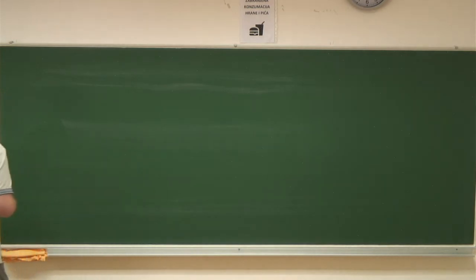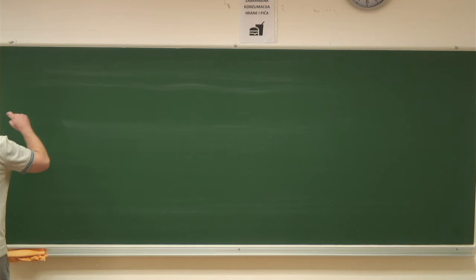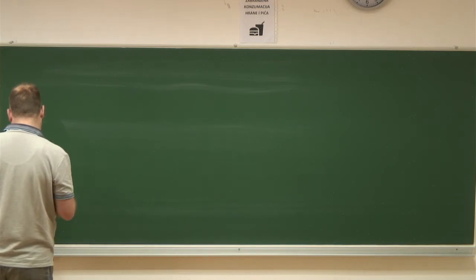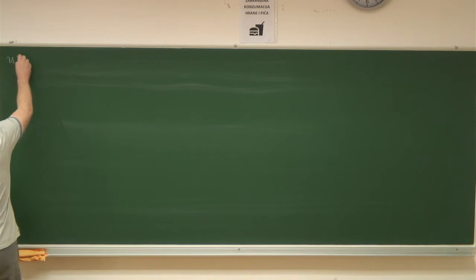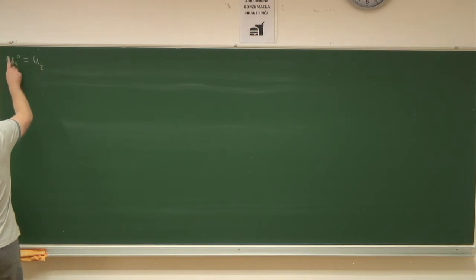So you do not have to write this. I will just write that essentially the idea is to consider zero-order approximation in the following form. This is all from the last time. So this is bold.